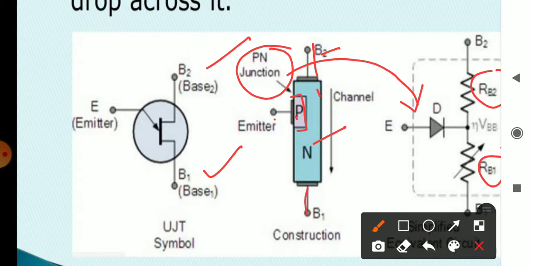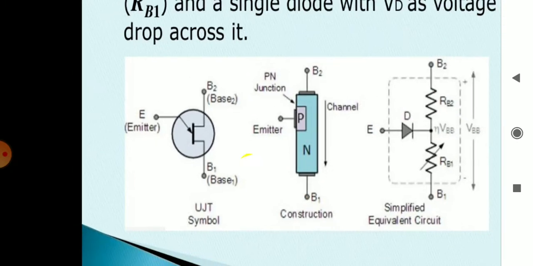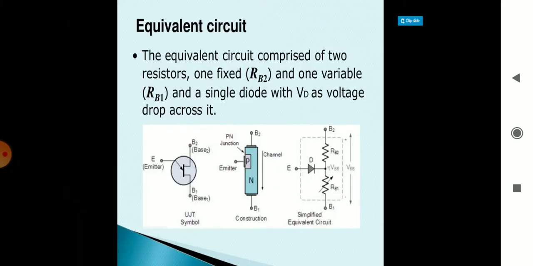So the value of resistor RB1 is greater than RB2, because the emitter is closer to B2. The position of the emitter plays an important role in the values of RB1 and RB2. So this is about the equivalent circuit of a UJT.